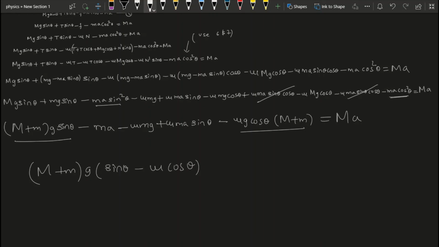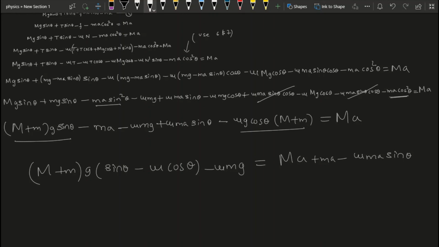And these are the terms that I can send this side. I can leave this minus mu mg this side only, and I can send these two terms this side. It will become capital M into A plus small m into A minus mu into small m into A sine theta. Okay, so that is the thing that I left here.